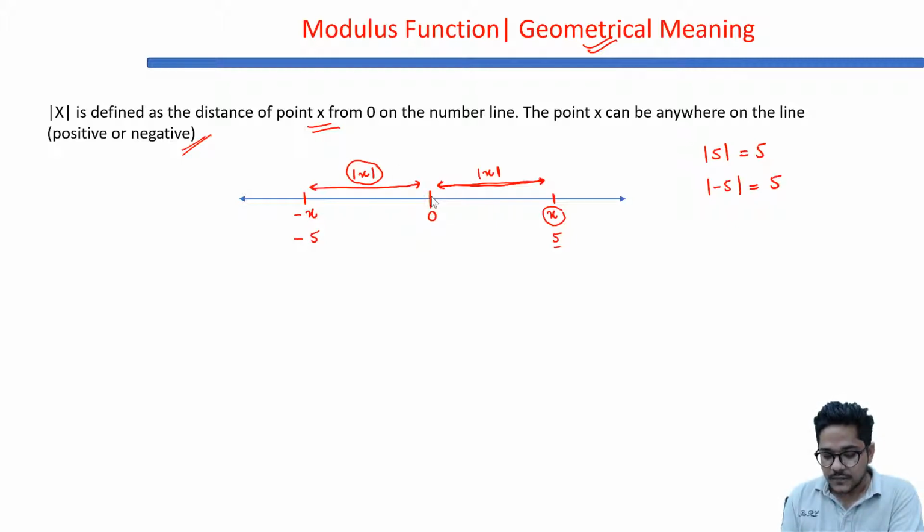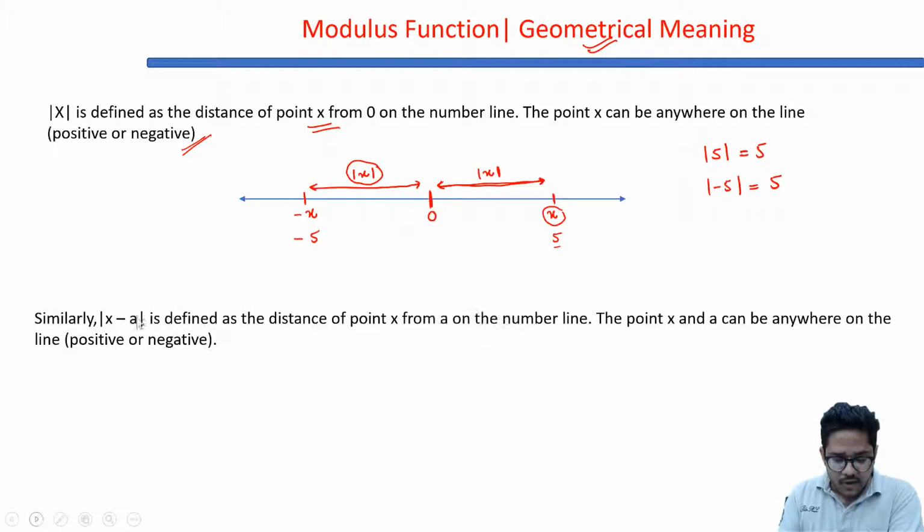Okay. So what happens when we have modulus of x minus a? What does it signify? It's very simple. Again, modulus of x minus a is defined as the distance of point x from a on the number line. The point x and a can be anywhere on the number line, that is positive or negative.